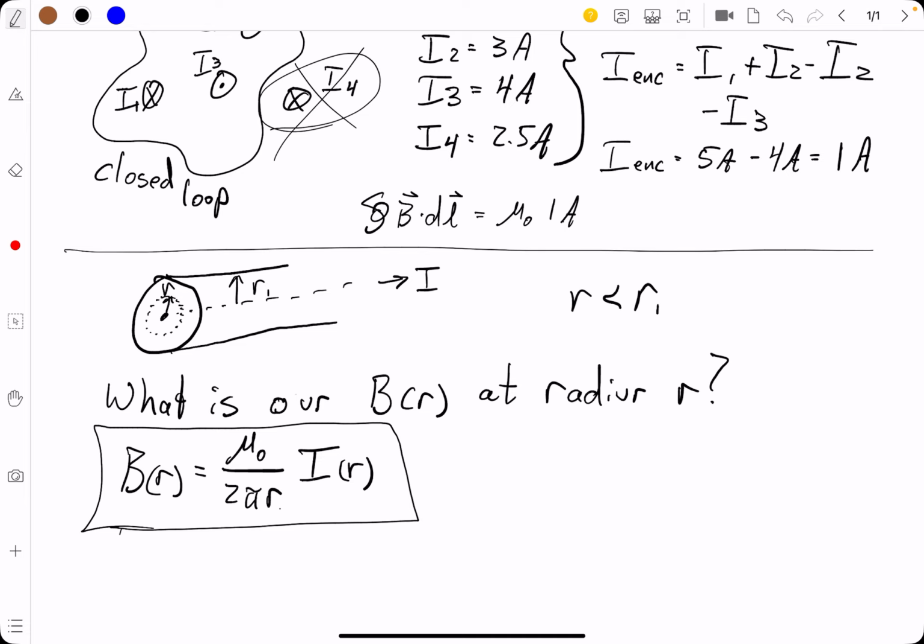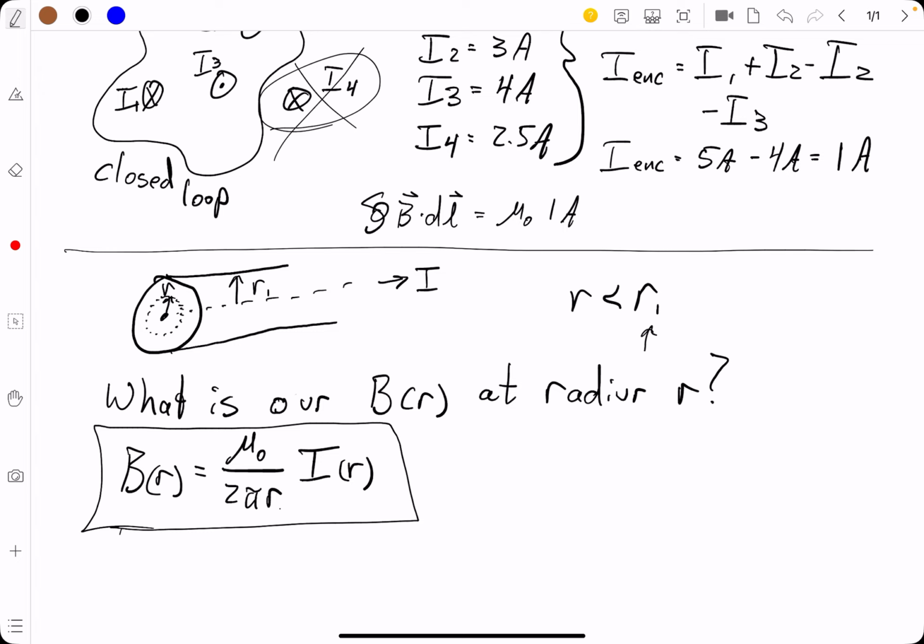This is going to be our B field, but we can't multiply by the complete I. We have to figure out what our I scales up as. It's not going to be a complete I until it has the complete radius, okay? This is the complete radius of the wire. So we're not going to have that. We're going to be up to that, all right? Or close or inside of it.